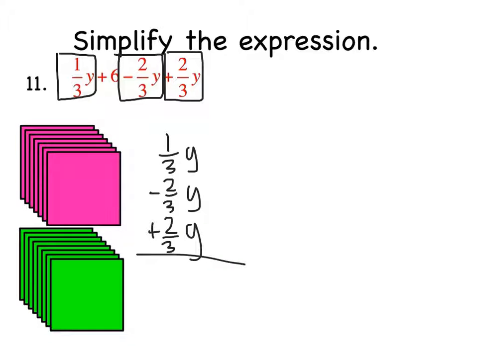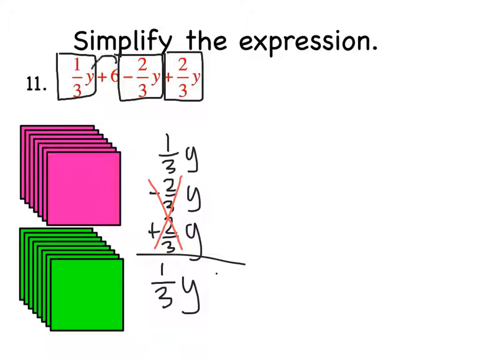And I could type into my calculator 1/3 minus 2/3 plus 2/3. Okay? So that subtotal is going to end up being 1/3 y. And here's why. We have positive 2/3 and negative 2/3 that are going to add up to make 0. Okay, so it's like they disappear and we're just left with that 1/3 y.